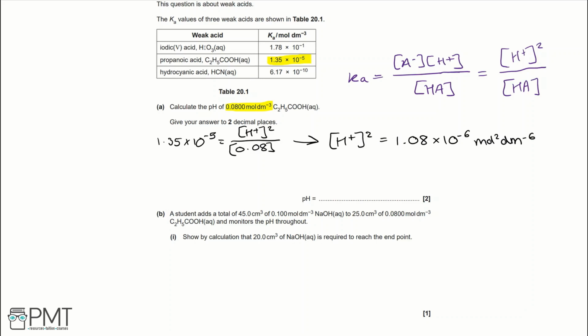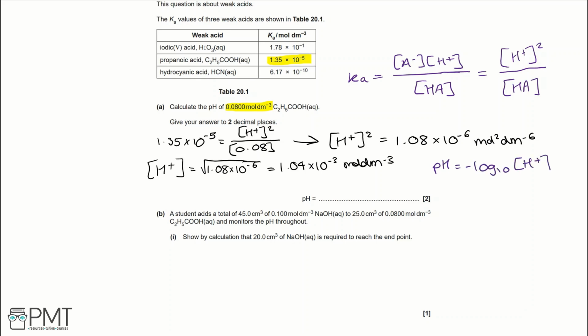Then to get H plus on its own, we need to root this answer. So H plus equals the square root of 1.08 times 10 to the negative 6, and that equals 1.04 times 10 to the negative 3 moles per decimeter cubed. Then we're going to use another equation: pH equals minus log 10 of the concentration of H plus.